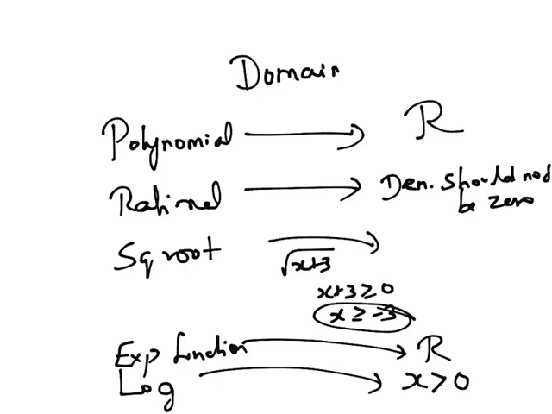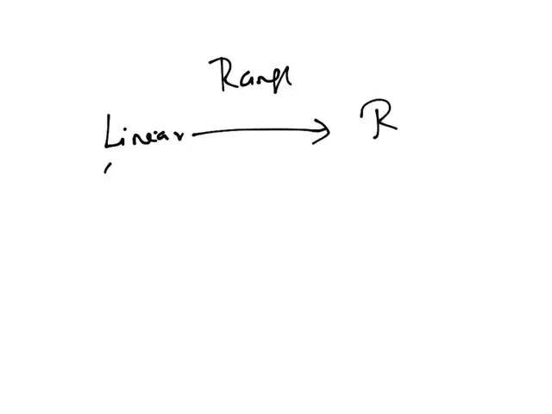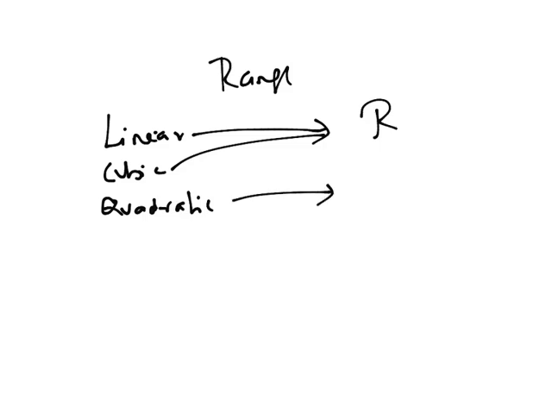Okay. Now range. Again, for range, for a linear function, all real numbers. For a cubic function also, all real numbers. For a quadratic function, I told you how to find the range. How? Completing the squares.